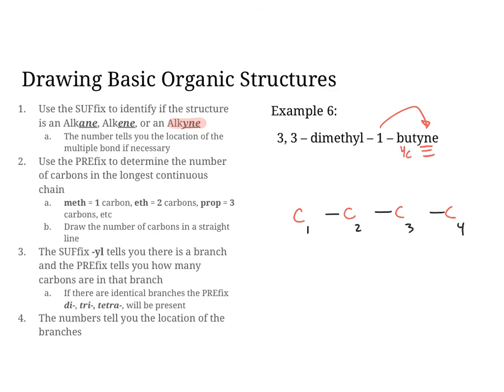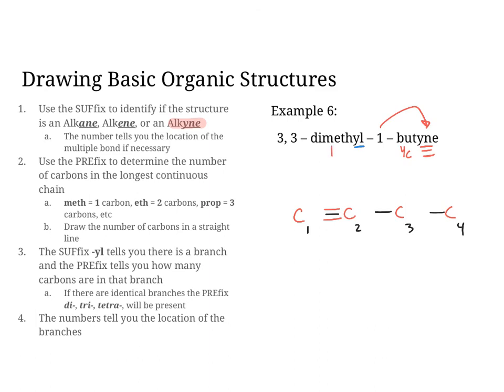And then I'm going to add my multiple bonds. So in this case, after the first carbon, I have a triple bond. Now, because I numbered from left to right, because it was closest to the multiple bond, I'm now going to go ahead and add the branches that are coming on here. I see that I have a branch, which tells me, the YL tells me it's a branch.